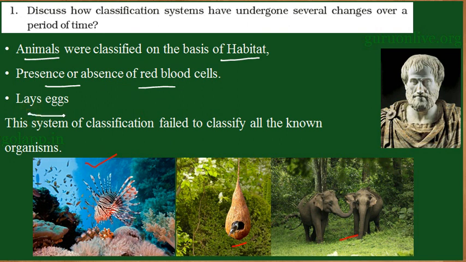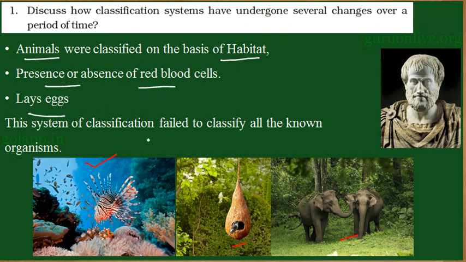And the last characteristic was egg laying. Birds, amphibians and reptiles lay eggs, so they were grouped together. Mammals which give birth to young ones were grouped together. So having these three characteristics in mind, Aristotle grouped animals into different categories.